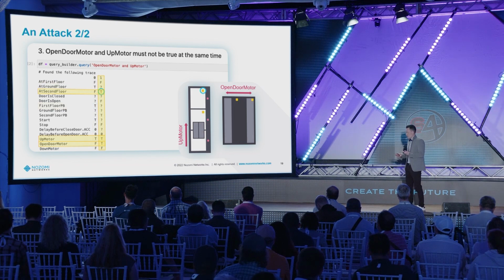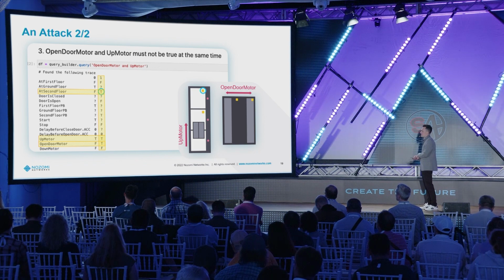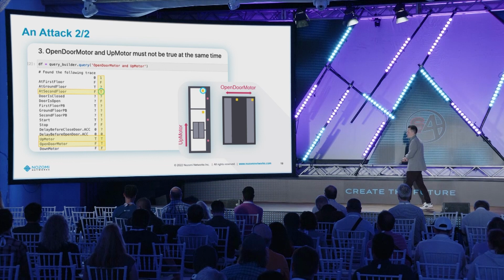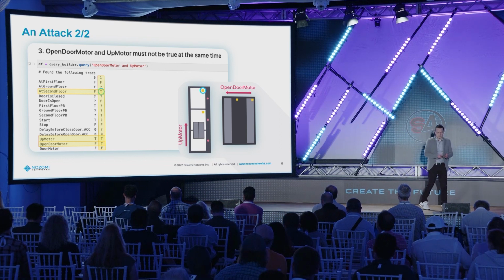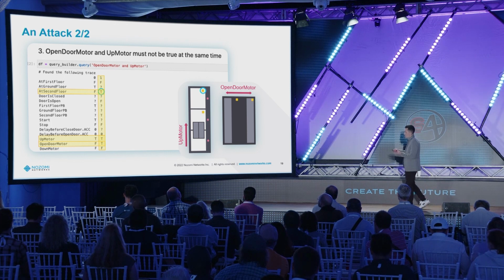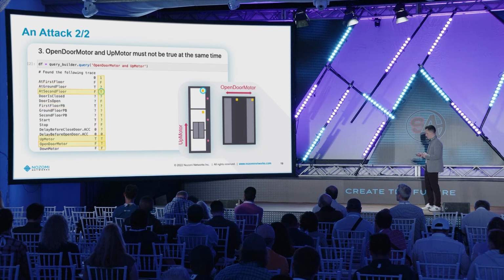Immediately after the next execution of the cycle of the PLC, we get into the following state: the up motor is still going up, the door is opening, but there is also this strange thing that the cabin is supposed to be at the second floor, which is something that is physically not possible in the original program. But now it's possible because of the little modification that we have done to the program.